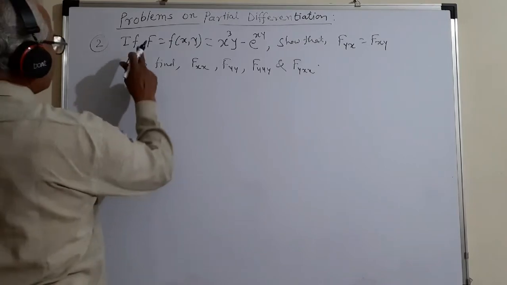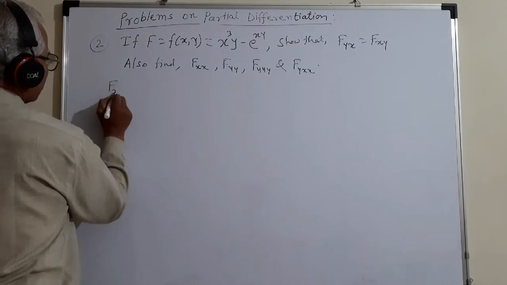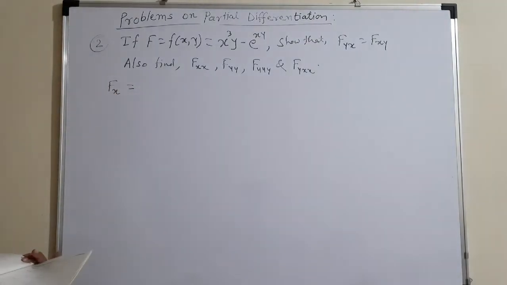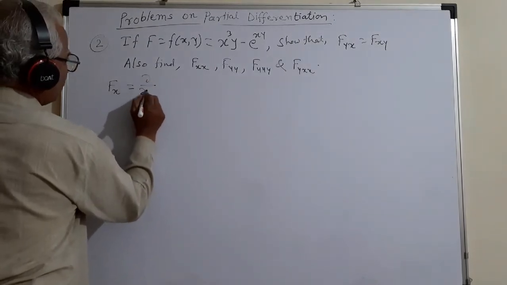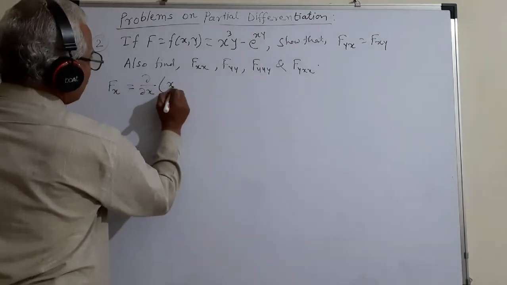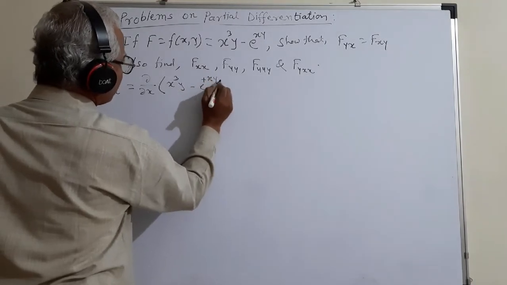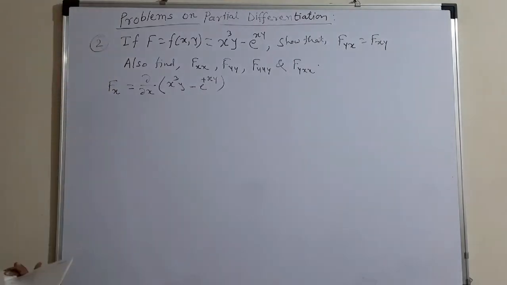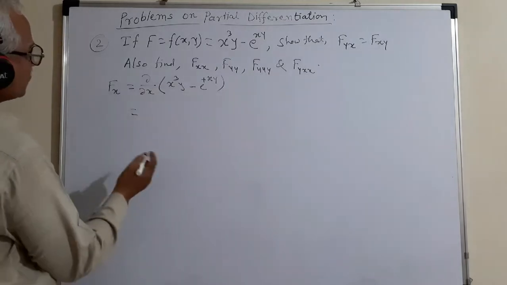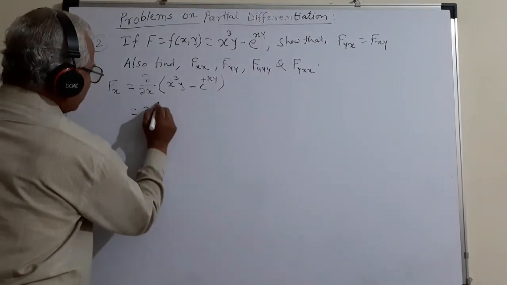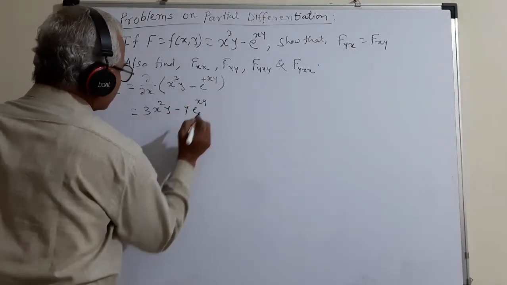Since f is equal to x cube y minus e raised to xy, differentiating f partially with respect to x, we get fx is equal to 3x square y minus y e raised to xy.